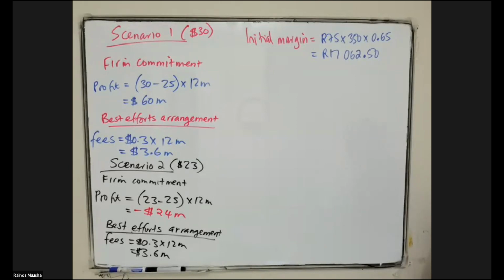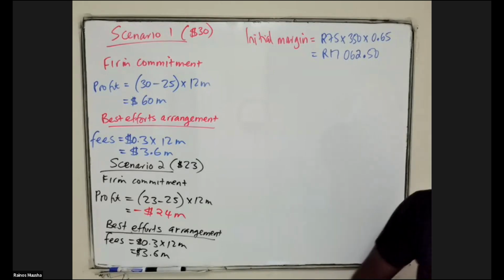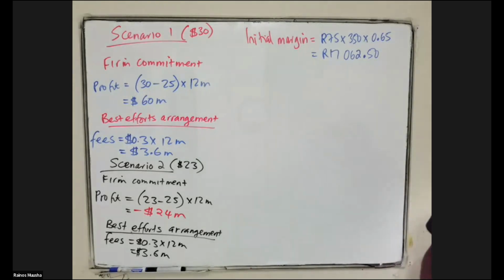So if that is the case, we know that the initial margin should be equal to 17,062.50. So if the price goes up by a certain amount, that's when we're going to be receiving a margin call.